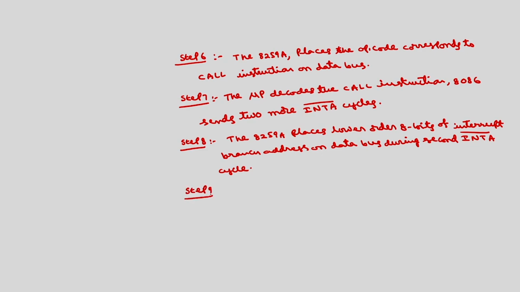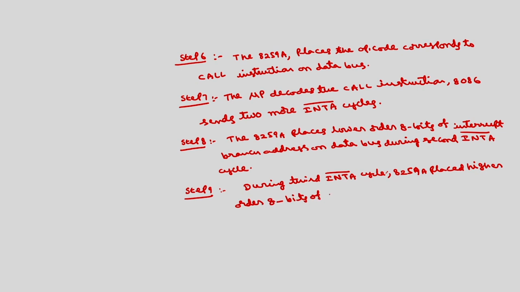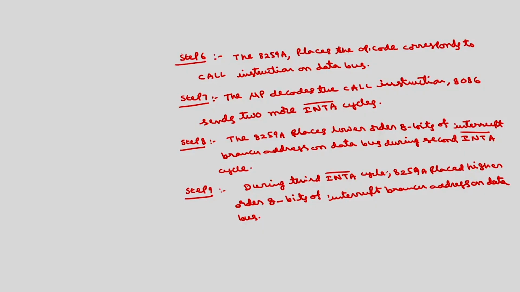Next, during the third INTA bar cycle, the 8259A places the higher order 8 bits of the call address, the higher order 8 bits of the interrupt branch address, on the data bus. Once the address is known, the microprocessor control will transfer to that particular address, the interrupt service subroutine, after completing the execution of the current instruction.